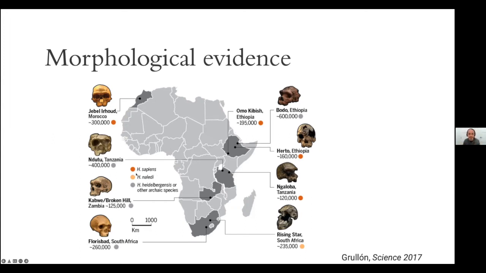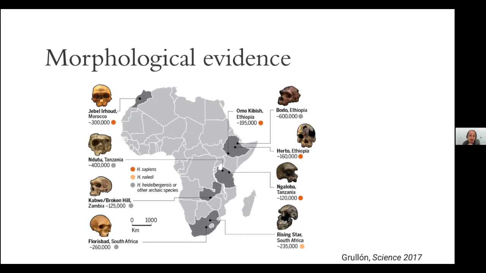So maybe there's one here that might correspond to a species called Homo naledi, and there's a couple that might look like another species that would be called Homo heidelbergensis or other species. And it's very debated what's going on there. Are these different species? Are they descendants of each other, or how are they related? We don't really know. Again, the point for this talk is it's complicated.